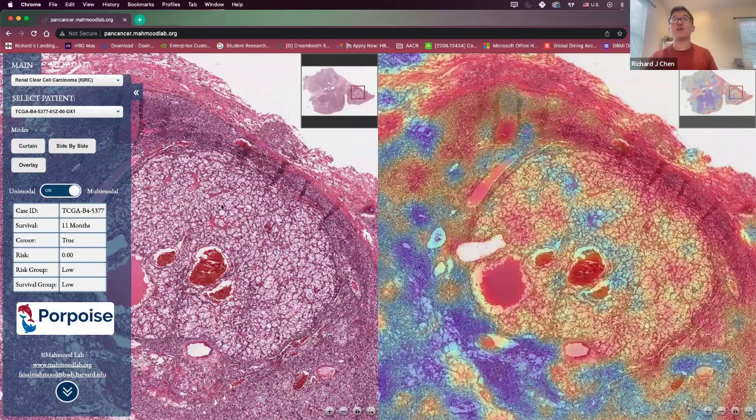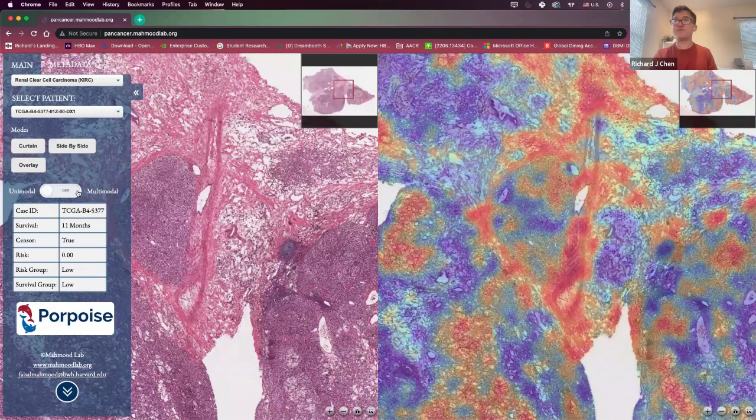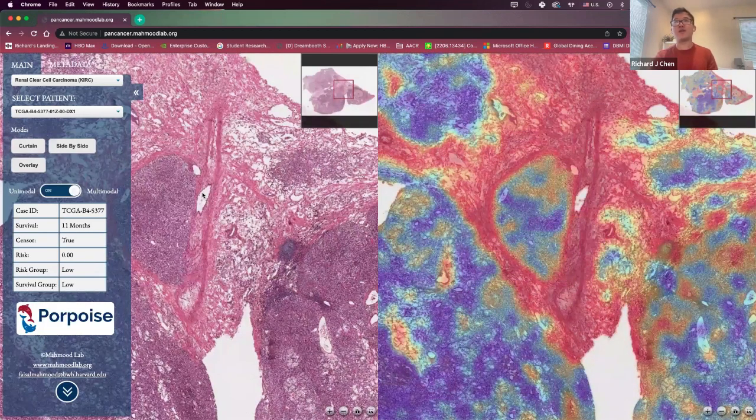I think one of our hypotheses on why this happens, and this is still something that we're trying to figure out, is that when you're using molecular information, the genomics is almost like a pattern shortcut.